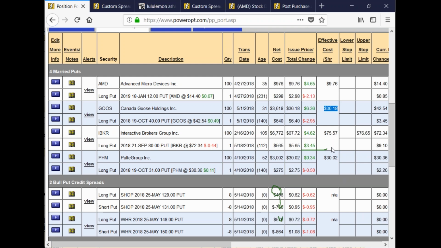It can handle adding new shares, it can handle averaging new share cost basis and things of that nature. But as far as legging into stocks at different times, rolling down, rolling up, moving back and forth, adding new shares on top of old shares, but then getting assigned on some of the old and some of the new, it's not really designed to handle that as well as you might need it to.